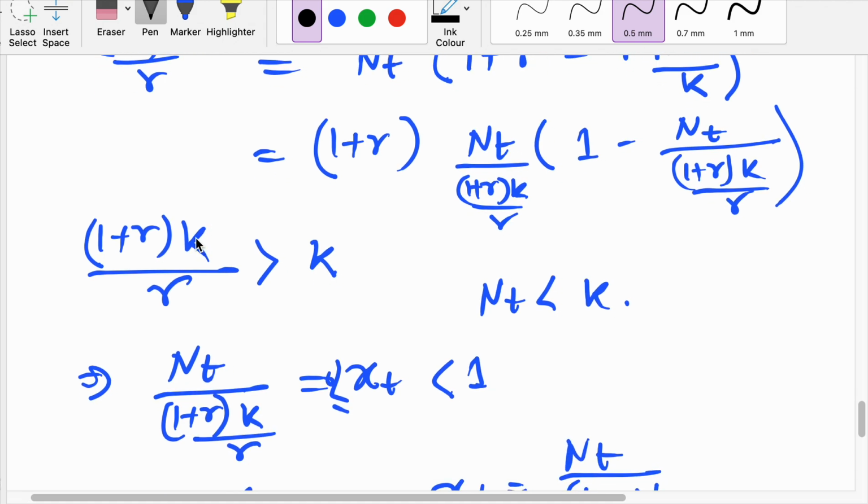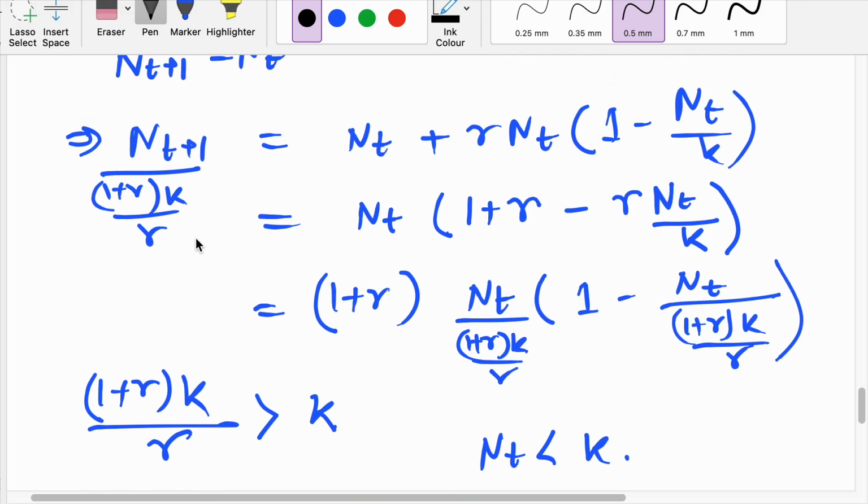So that means if there is a carrying capacity, that is the maximum population one habitat can take, then xt is the fraction of maximum capacity that is achieved.